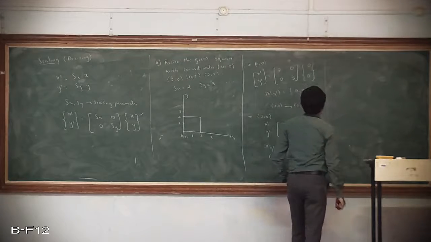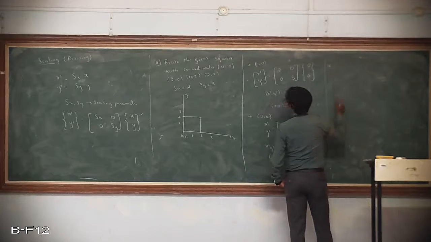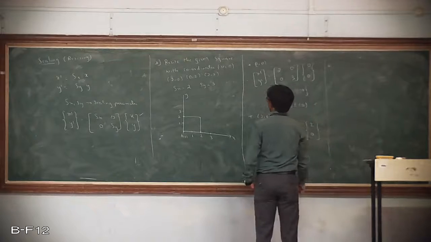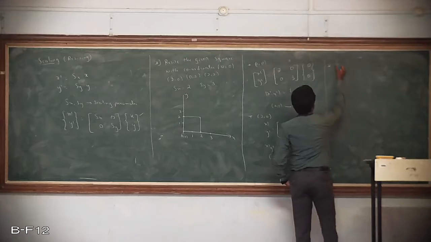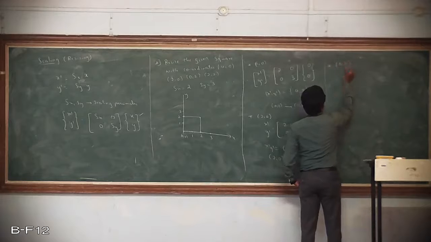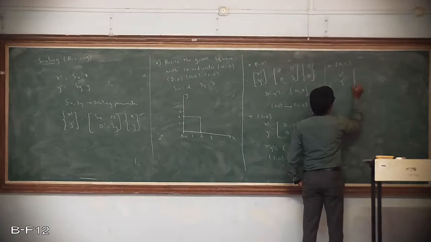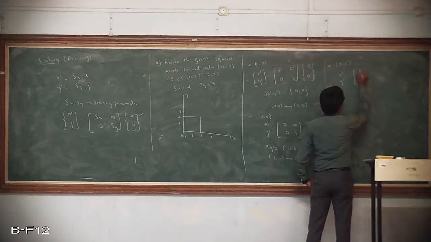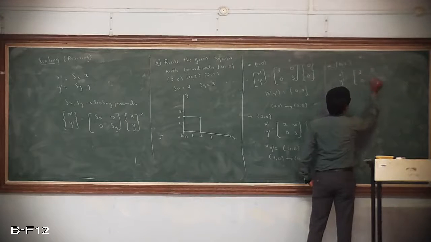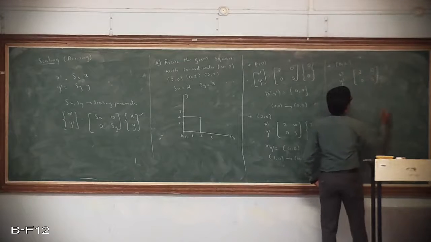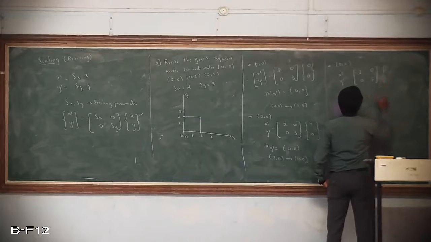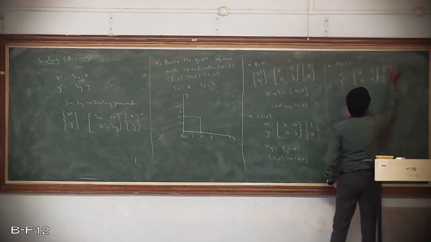When we go with the third point, the third point is 0, 2. So x dash y dash will be, Sx is 2, Sy is 3. Okay. So we will be writing the coordinates 0 and 2.